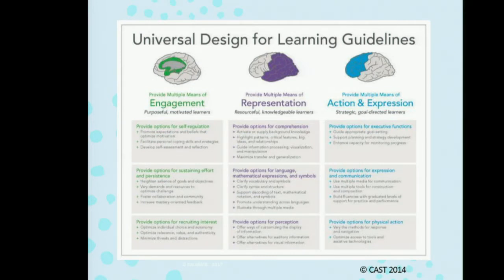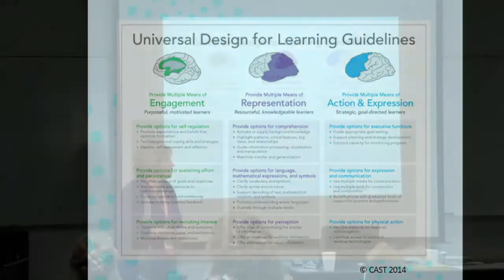The other areas that are bulleted are checkpoints, and they come from research that neuroscientists and learning scientists have done over the years. These are recommendations for how you might provide options for recruiting interest or options for self-regulation for a learner. So that's how it's organized.